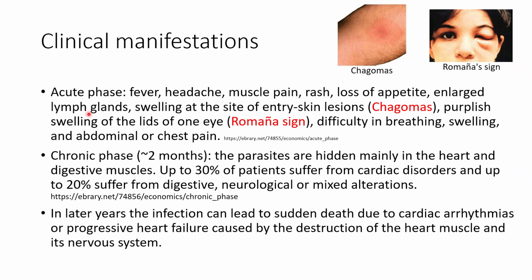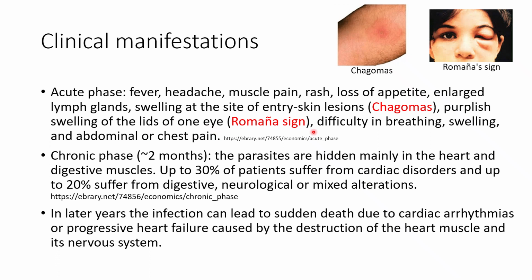Usually you will see swelling at the site of entry, which is the skin lesion. Sometimes we also call it a chagoma. When the lesion is at the eye, it can cause purplish swelling of the lids of one eye. Usually we call it the Romaña sign.